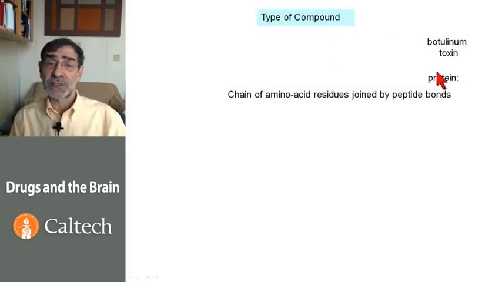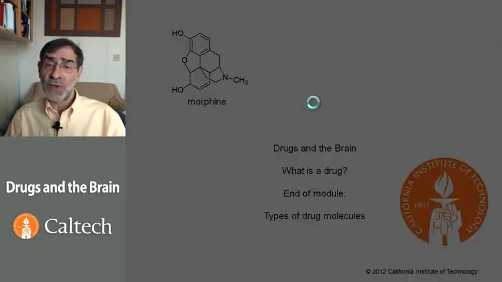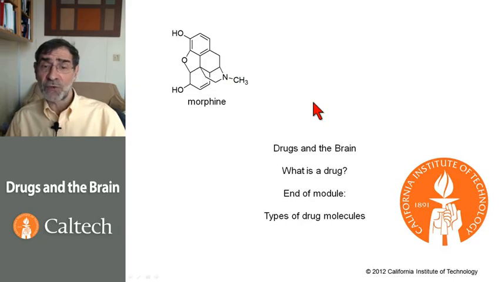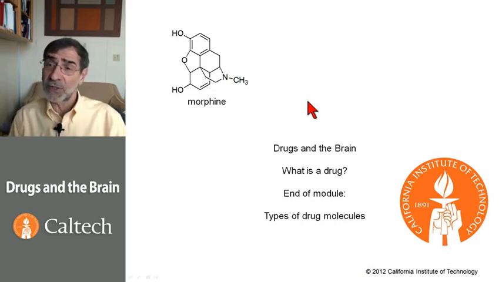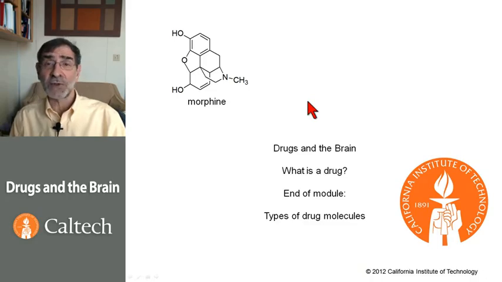And botulinum toxin is a protein, and as we'll learn in a later session, a protein is a chain of amino acid residues joined by peptide bonds. So that was our introduction to what is a drug, and during our next session we'll talk about additional aspects of how drugs enter the brain.